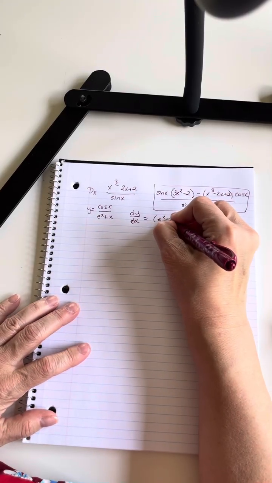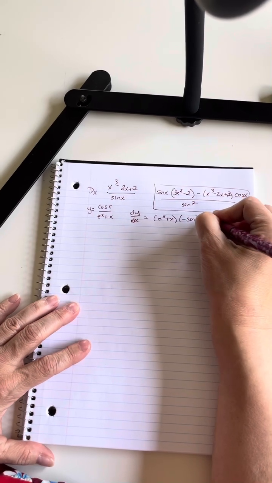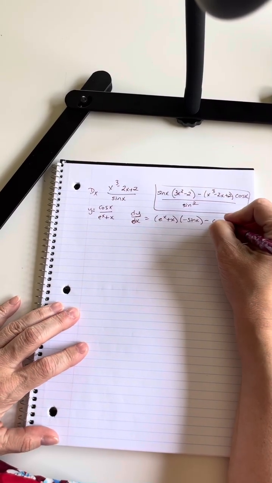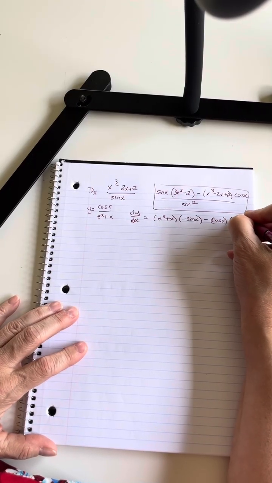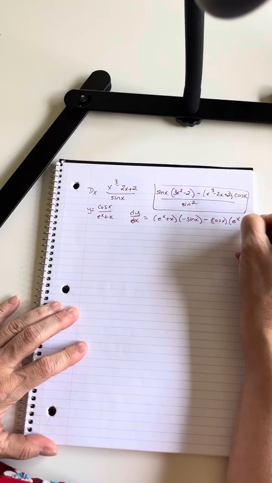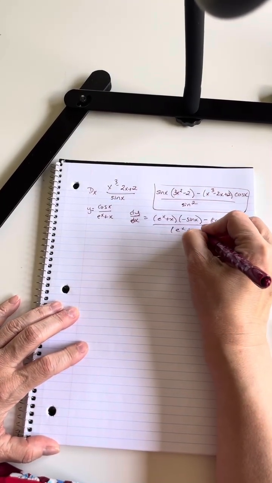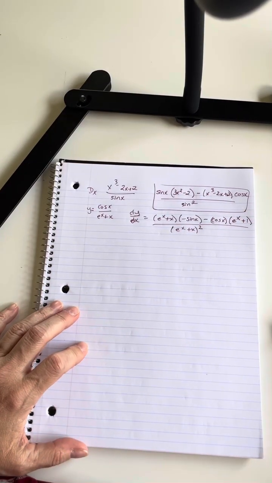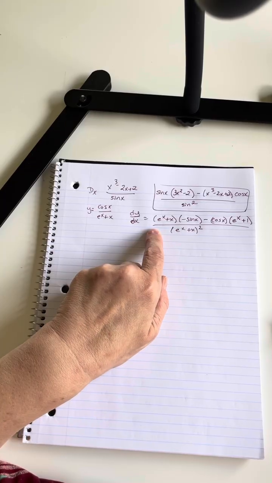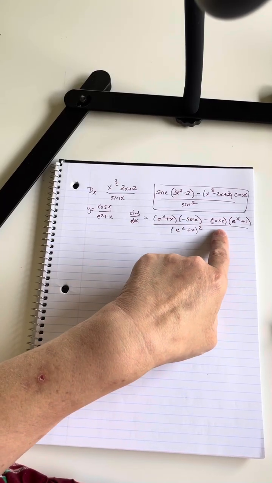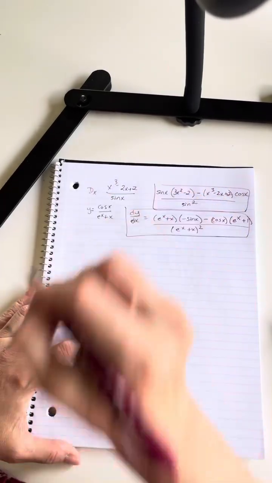Low, e to the x plus x, derivative of cosine is negative sine of x, minus cosine of x, derivative of the bottom, which is e to the x plus 1, because the x goes to 1, over top of e to the x plus x squared. And I doubt, other than maybe putting this in front, which they did, that they're going to simplify anything else. Nope. All right, any others?